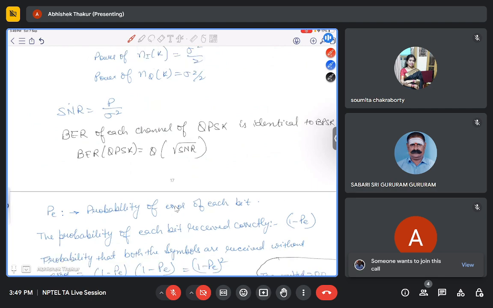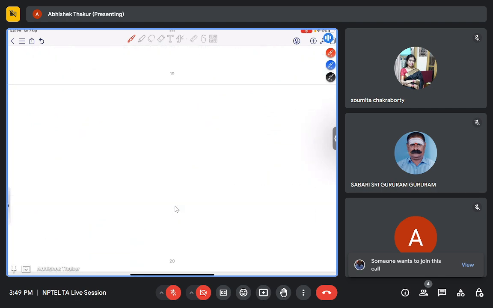So now we have done BPSK and QPSK. Now we will see the bit error rate of M-ary PAM. So what is M-ary PAM? First we will see the constellation diagram, with that we can understand it easily.